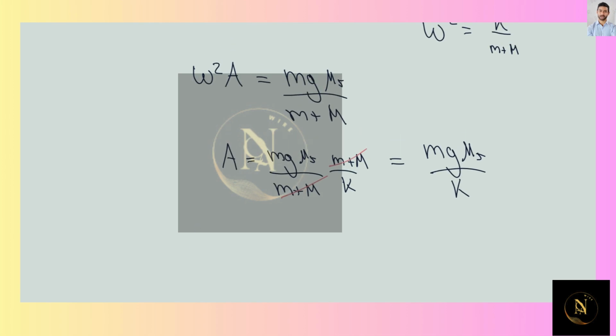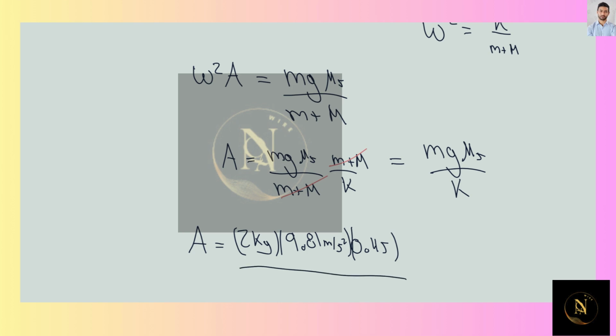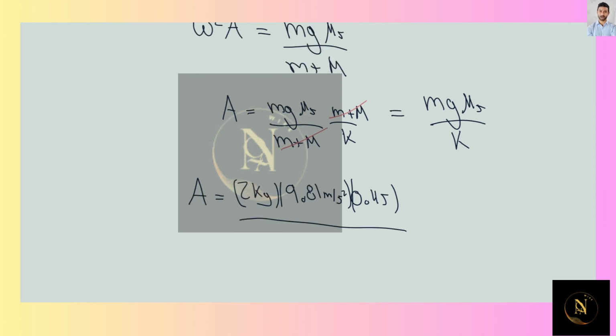Recall that the small m was for the small block, which is 2 kilograms. So we have 2 kilograms times 9.81 meters per second squared times the coefficient of static friction, which is 0.45, divided by the spring constant, 200 newtons per meter.